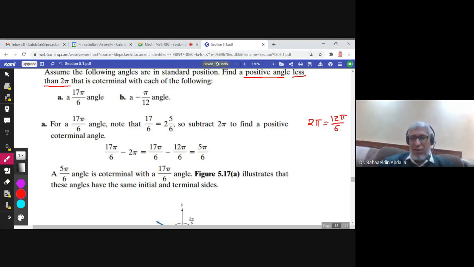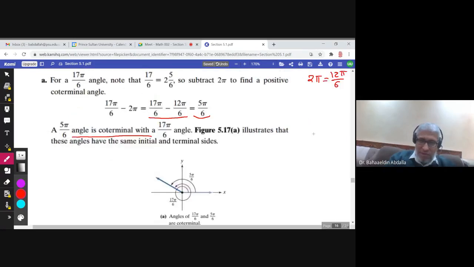This is 17 pi over 6. So if you subtract 17 pi over 6 minus 12 pi over 6, because 17 is greater than 12, you get 5 pi over 6. So 5 pi over 6 is the coterminal angle with 17 pi over 6, which is positive and less than 2 pi. 2 pi is 12 pi over 6.